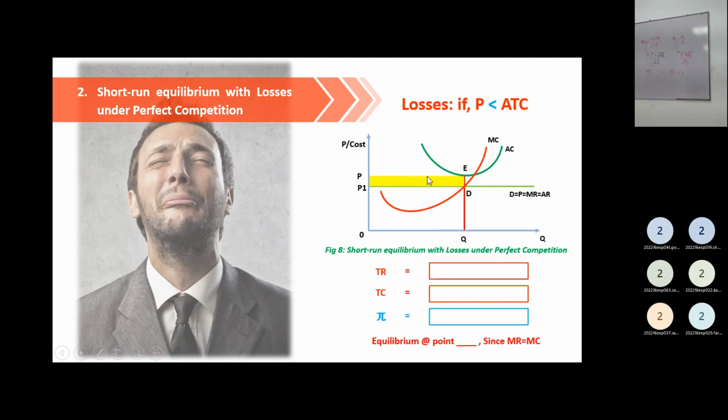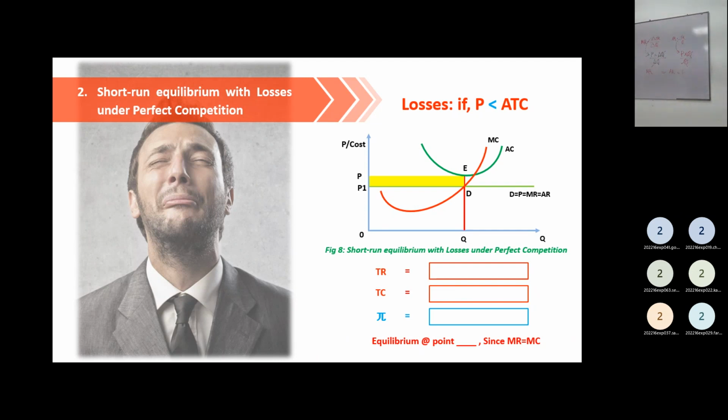So this entire yellow color area as well as the white color area represents your total cost. So simply it's PE, Q0.